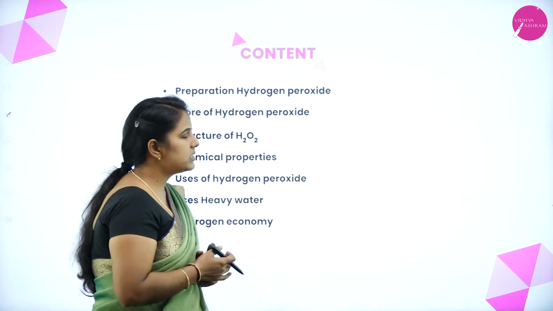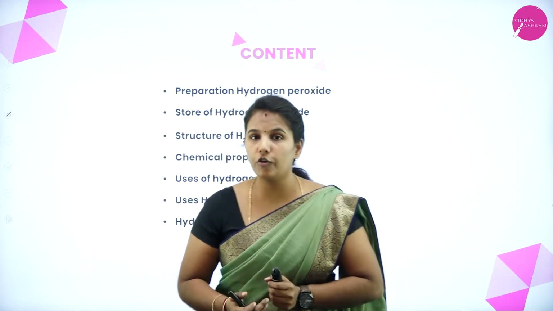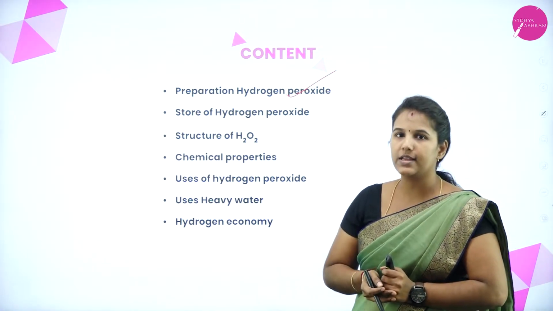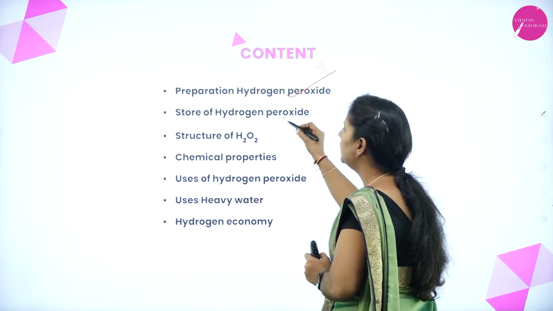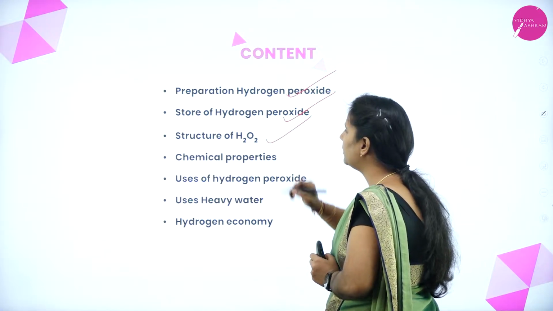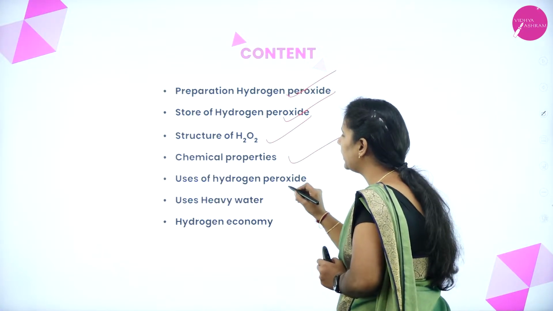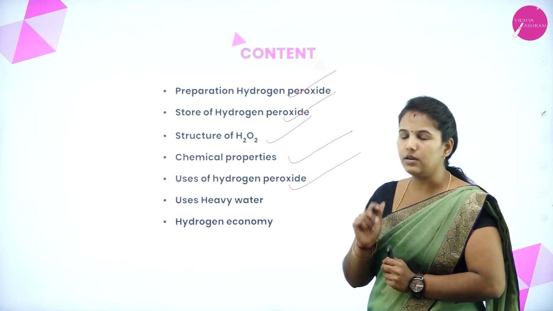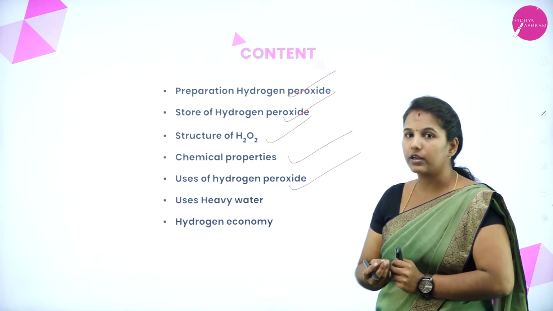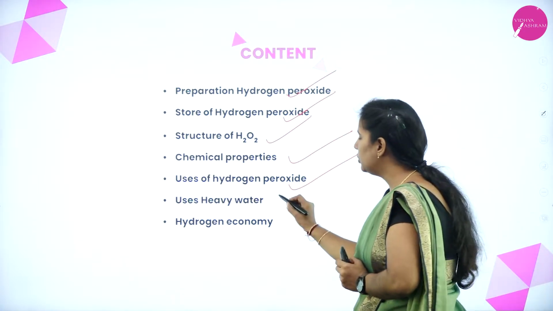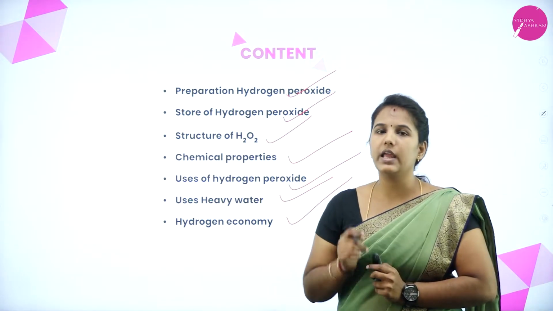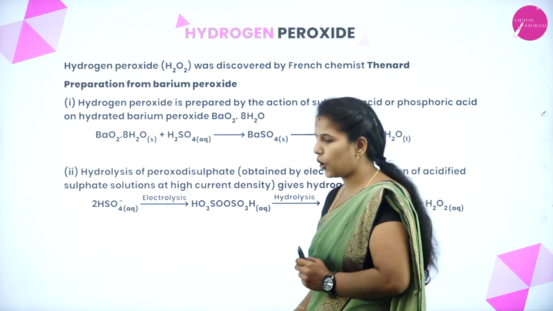So today let us move on to the next topic of this unit: the preparation of hydrogen peroxide, and we are going to understand the storage of hydrogen peroxide, structure of hydrogen peroxide, chemical properties and uses of hydrogen peroxide. In addition to this, we are going to understand heavy water, its structure and uses, and hydrogen economy at the last. So firstly, I'll go with the hydrogen peroxide.